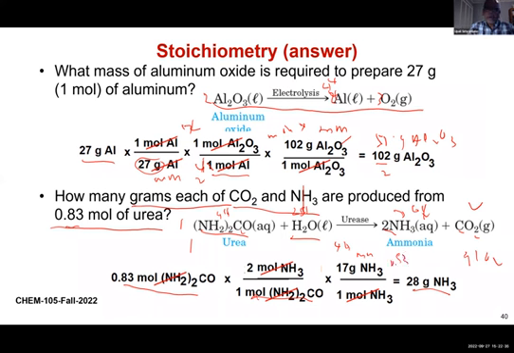0.83. This is 1:1. 1 carbon dioxide mole is converted to 1 carbon dioxide mole, 1:1. Therefore, it is multiplied by 1, multiplied by 44.